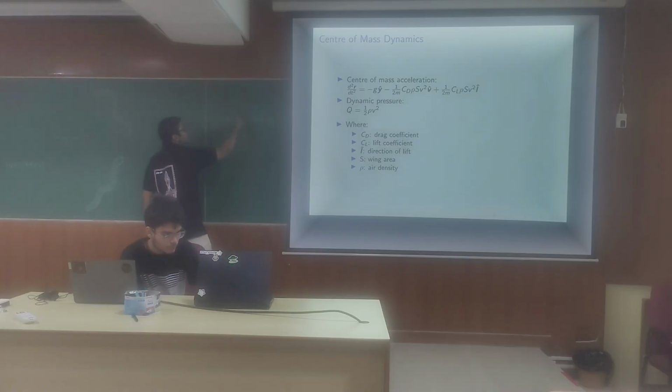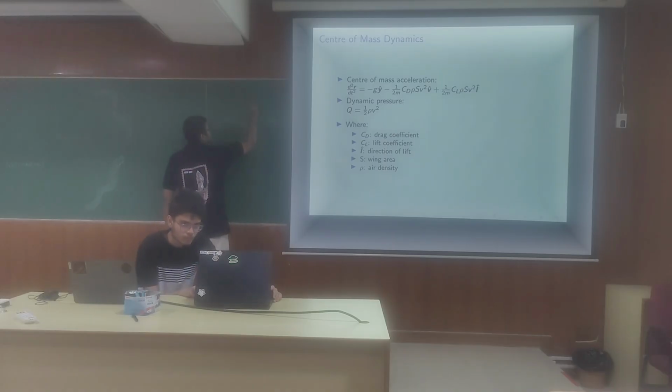And lift does not act perpendicular to the velocity, it acts perpendicular to the plane. And the actual values or expansions are given over there. Now, CD and CL may vary over the velocity as well as angle of attack.